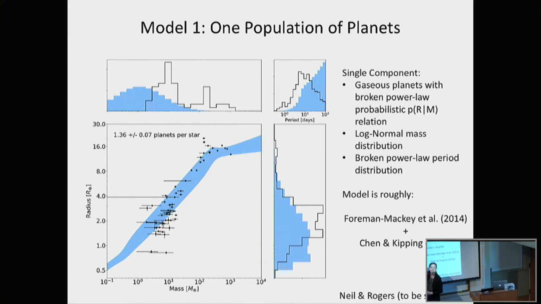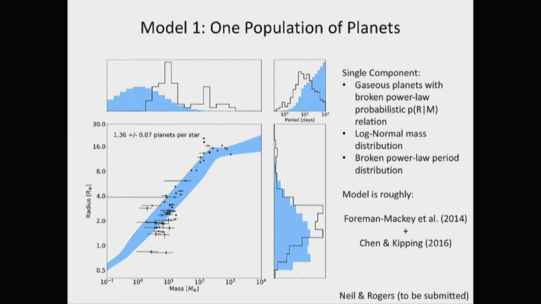The upper left shows the mass distribution, telling you how common planets are across this diagram in this dimension for masses, again with the blue showing our retrieval for the underlying population and the black the observed histogram of the Kepler masses. The upper right-hand corner is the period distribution.